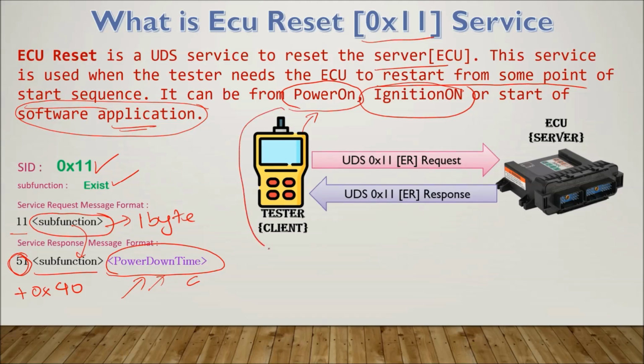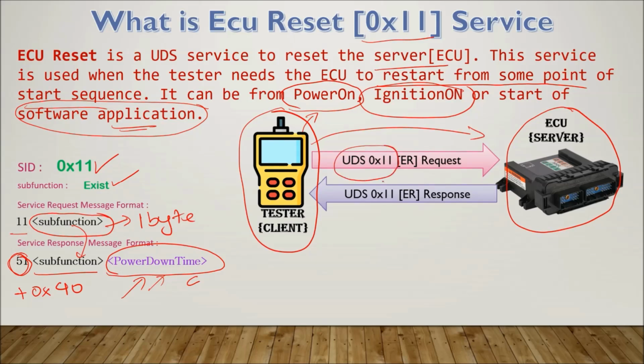So you can see here there is a tester, which is a client, and the ECU, which is a server, which are communicating in UDS. In UDS we have a client-server kind of communication happening between them. So the client first sends a request. The UDS request 11, that is the ECU reset request, is sent, and the server wants to restart now.